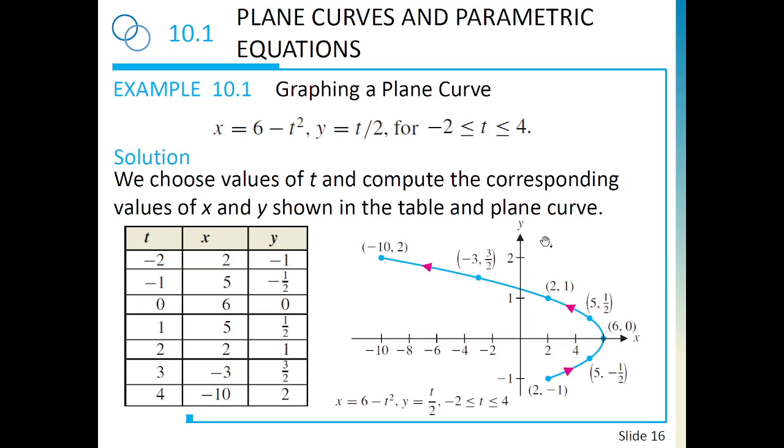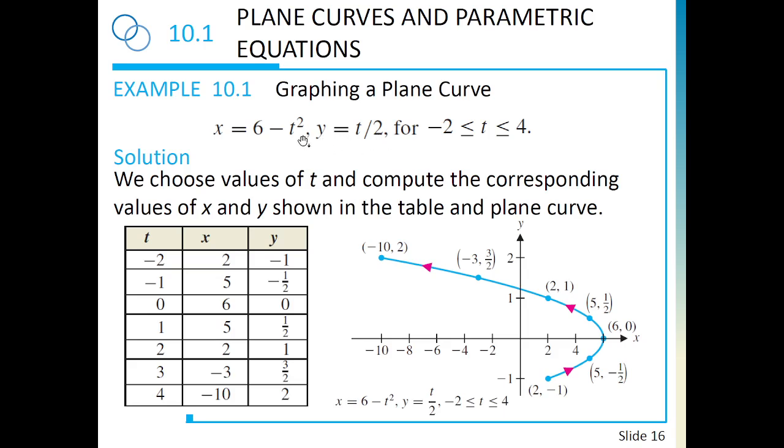So for now, the easy thing would be just to produce a table for different values of t. We get couples x and y that are coordinates of points, and we just connect the points together, and then we have the shape of the curve. So that's in general. Now in some cases, like in this one, we could eliminate the parameter t. So here we have y equal to t over 2.